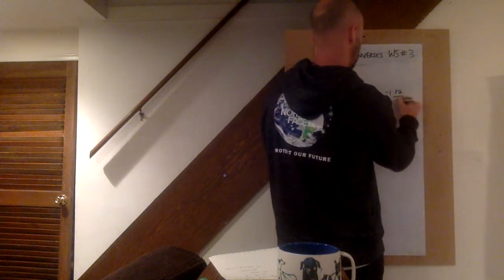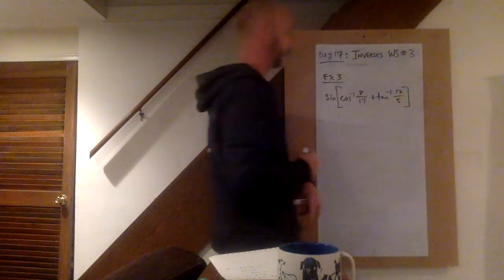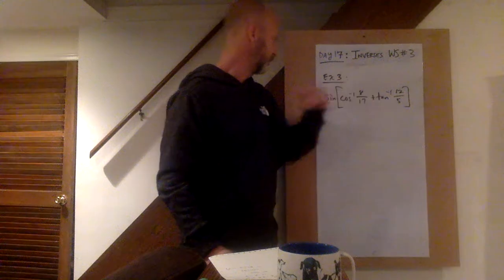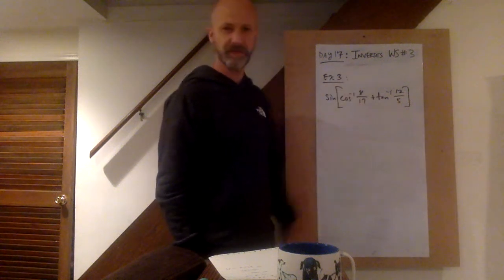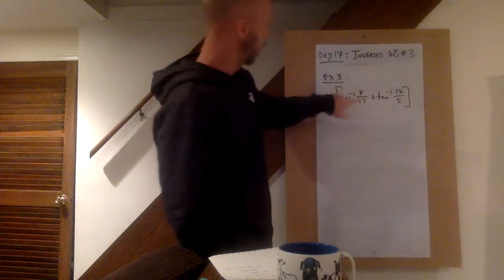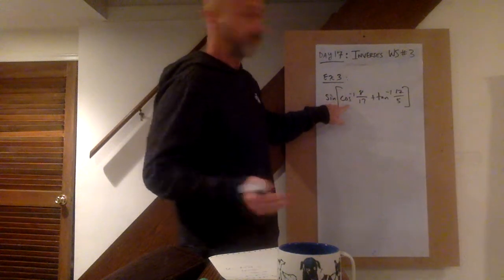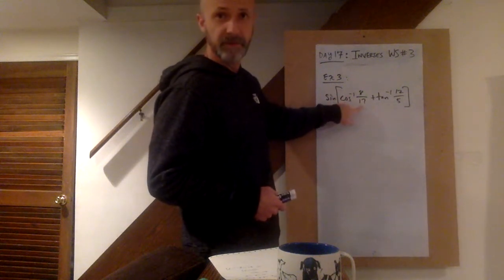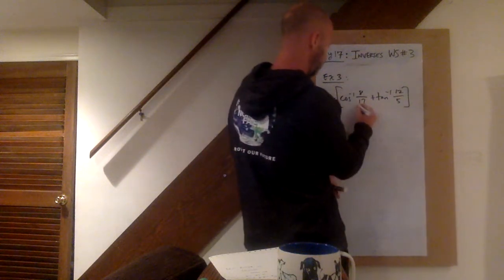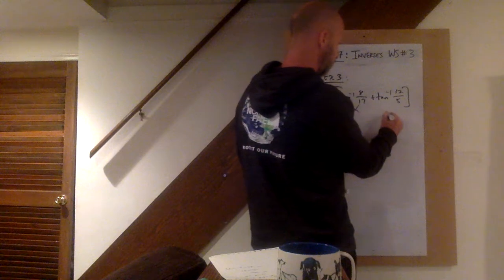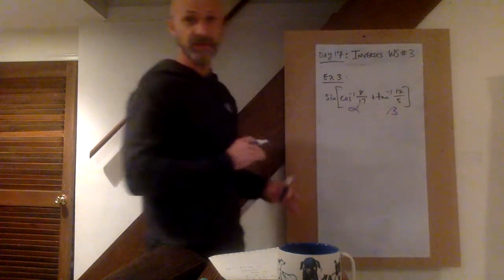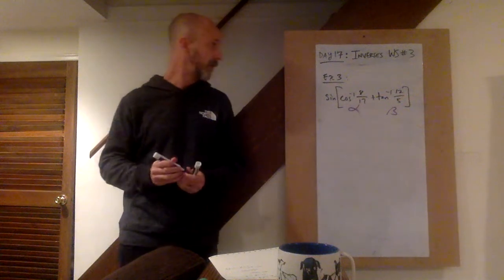Okay. This looks atrocious. Looks awful. 2 inverses inside of a sine function. That looks terrible. Oh, but they're being added together. And inverses are just angles. Our cosine inverse of this ratio is an angle. Let's call this first angle alpha and the second angle beta. And now this starts to look more familiar. This is the sine of alpha plus beta problem.